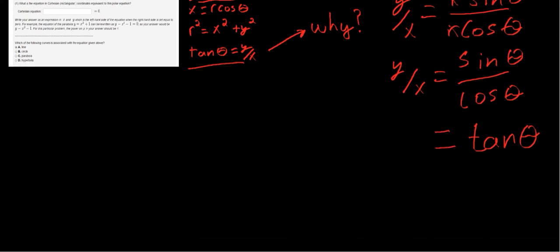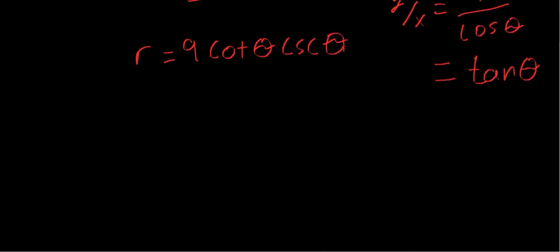So I'll write the problem. The problem was r equals 9 cotangent theta times cosecant theta. Before I start, I'm going to use two trig identities so I can get rid of cotangent and cosecant.